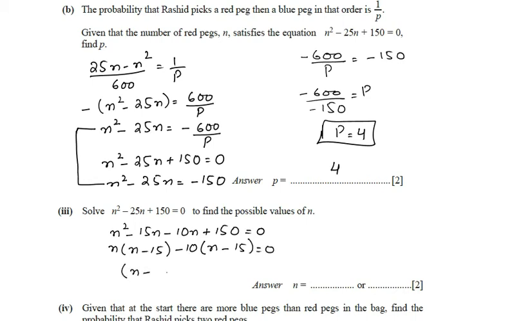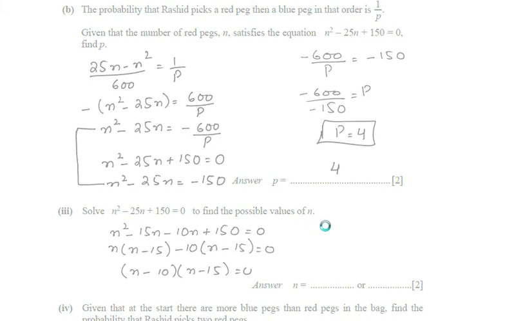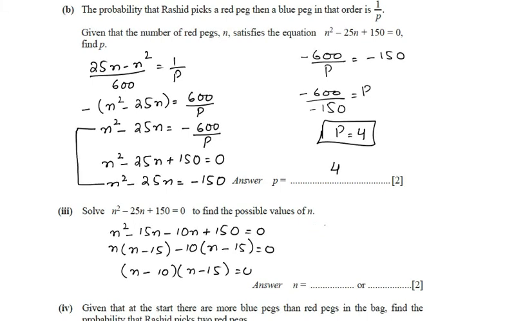Now we have n minus 10 and n minus 15 is equal to 0. So n is equal to 10 and n is equal to 15. So we have got two values of n, 10 and 15.